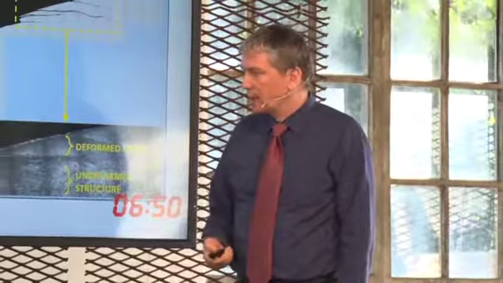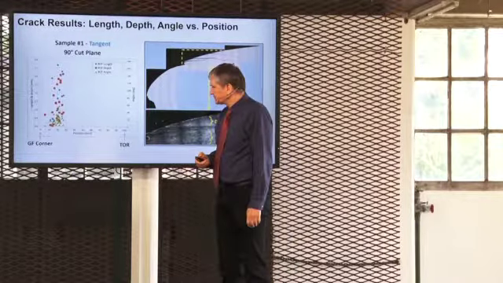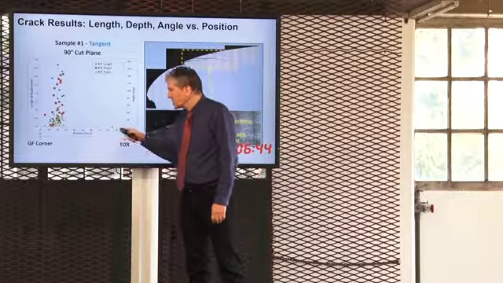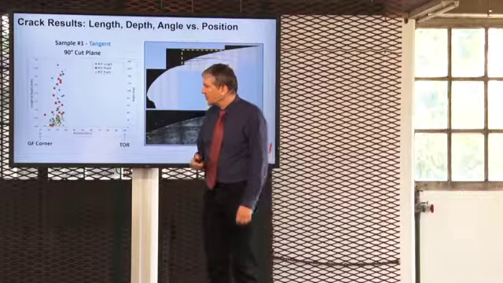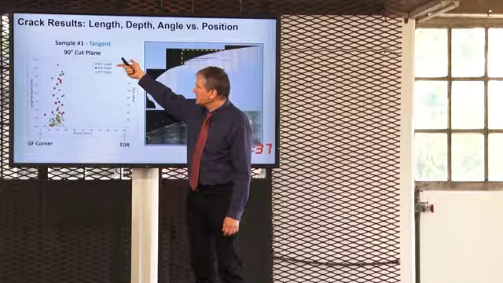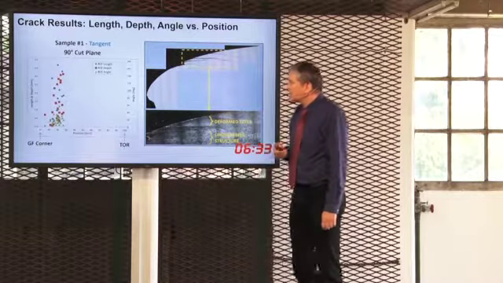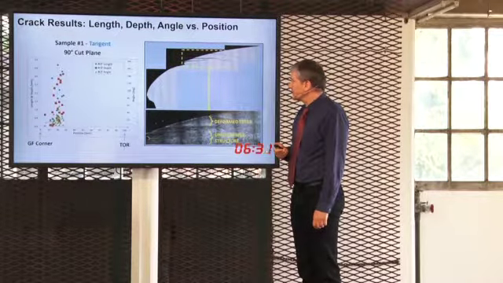For the tangent, if you take a look at the crack distribution from the gauge corner to the top of the rail, this is your vertical axis. Your horizontal axis is your position on the railhead, and your blue dots are your RCF length, your red dots are the RCF depth, and the green dots are the angle of that RCF.